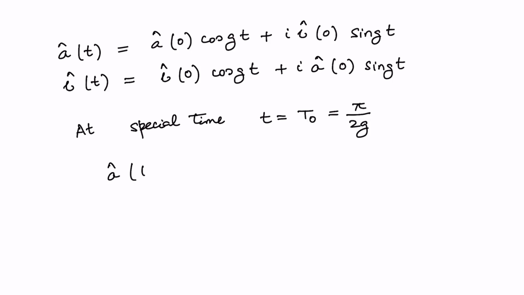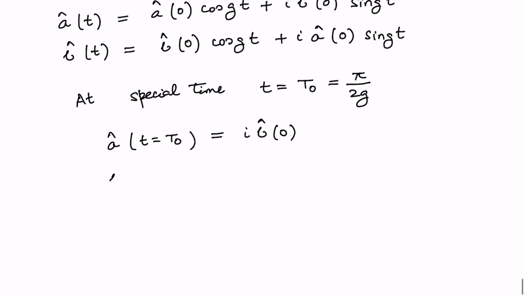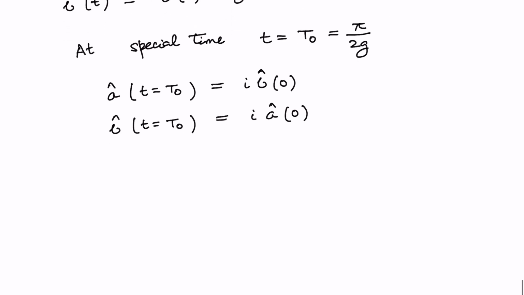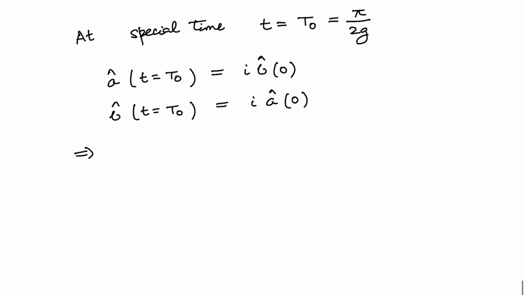The a at t is equal to t0 is going to be i b0, and b at this special time t naught is going to be i a of 0. What does it mean? This means that the modes have exchanged values.